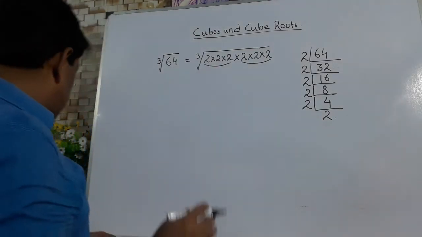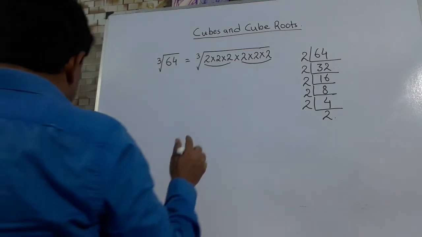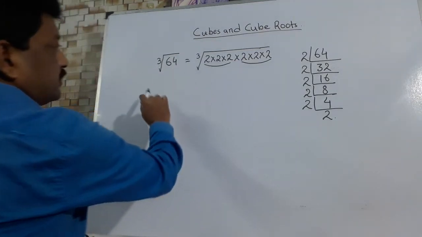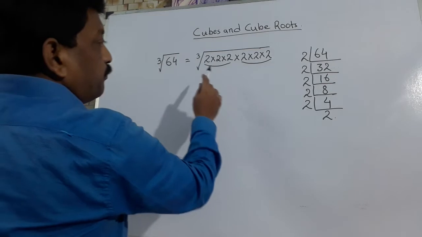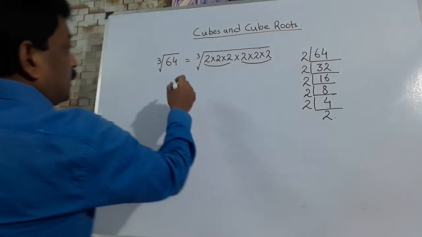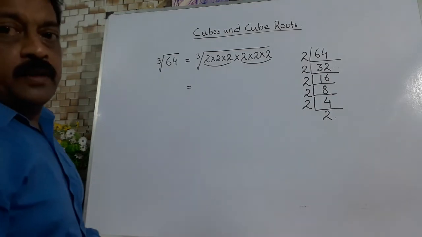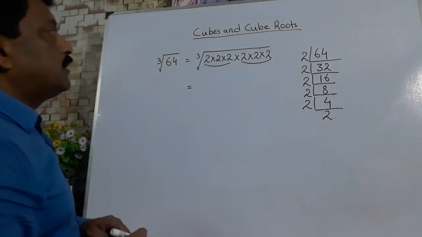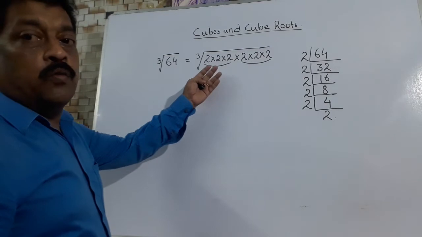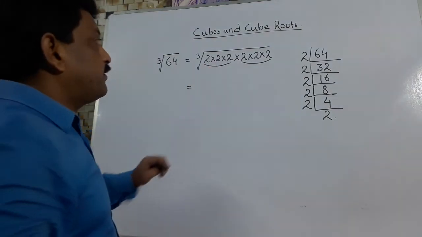So the first rule is to express the given number, here 64 is the given number, as the product of prime factors. The second step is to form the triplets. The third step is to take one member from each triplet.